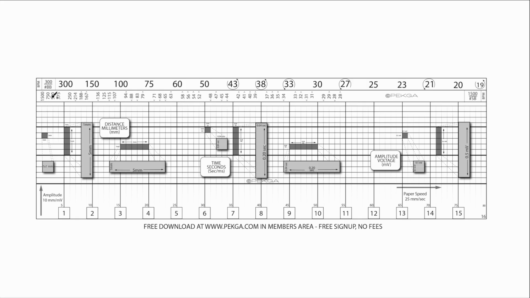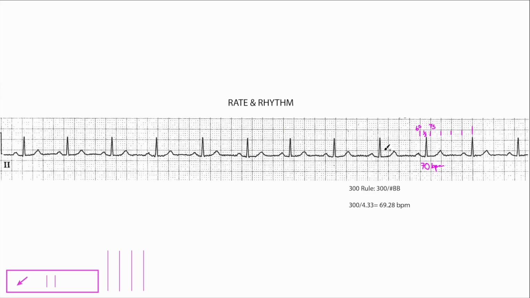You can see if the difference between two QRSs was one small box, you would have a rate of 1,500 beats per minute, which is not really possible. Anyway, you can download this for free at Pekga.com. You do have to log into the members area. It is free. There are absolutely no fees tied to it.